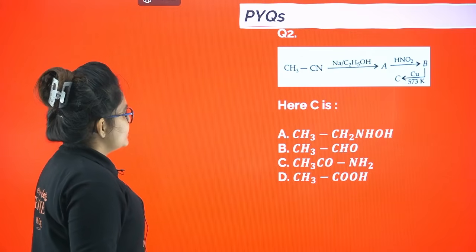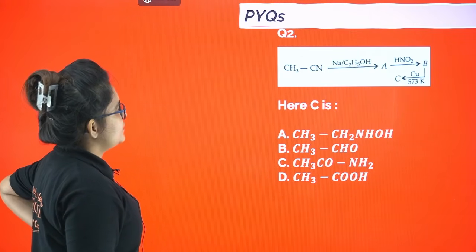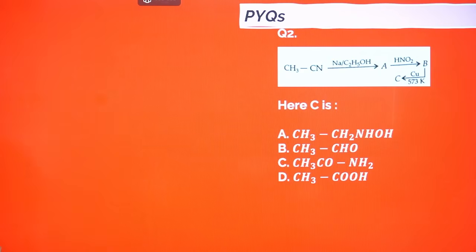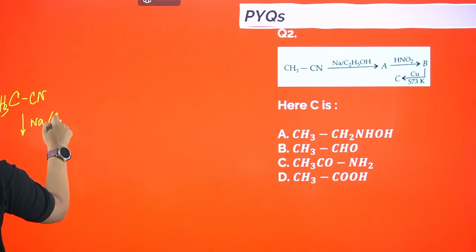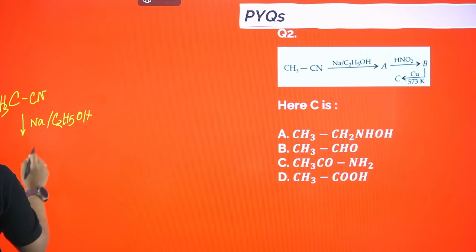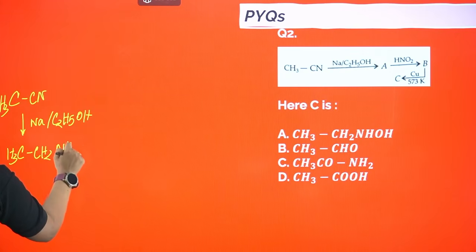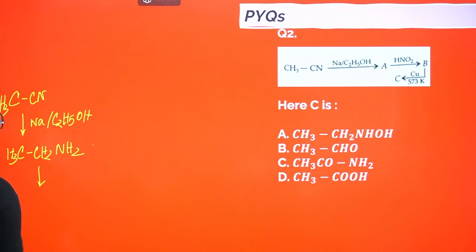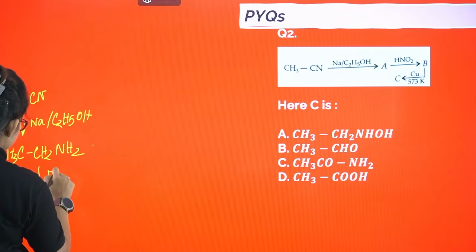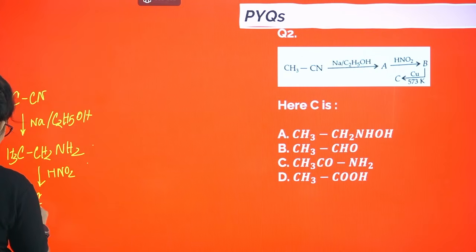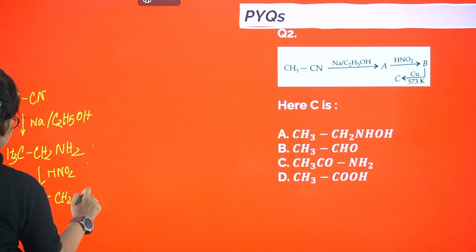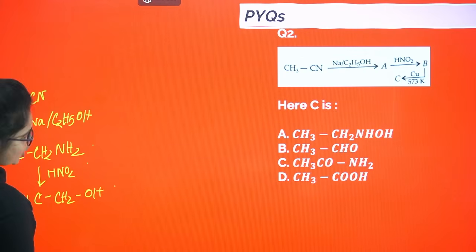Proceed. One more question. CH3CN in presence of sodium and C2H5OH. Let's do it step by step. So I am having CH3CN. Here I am giving sodium in C2H5OH, so I will end up with CH3CH2NH2. Now here I have to give HNO2, nitrous acid, then this NH2 group will be converted to OH, CH3CH2OH. Further I have to give copper oxidation.